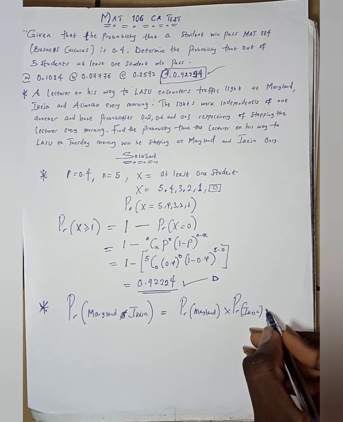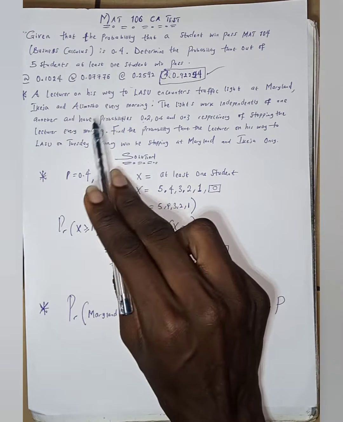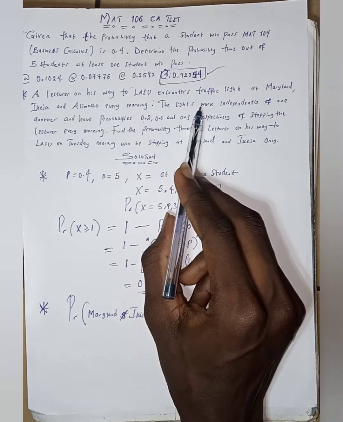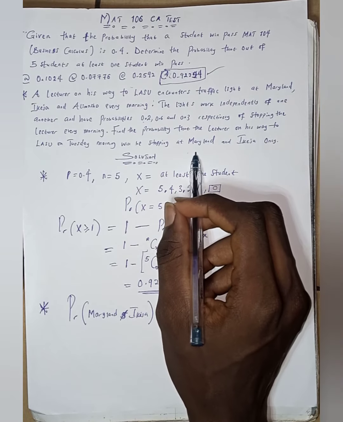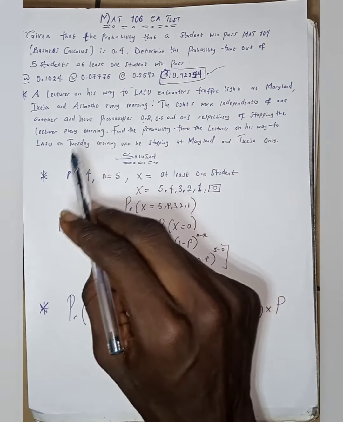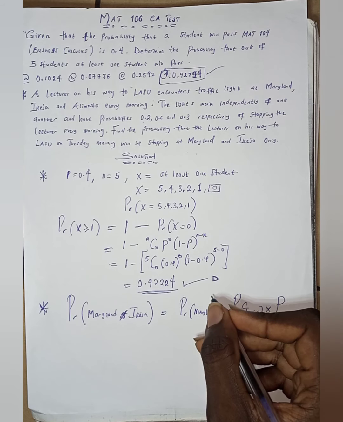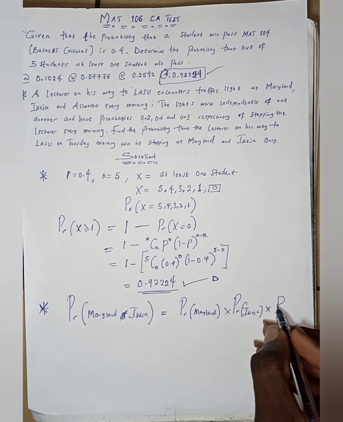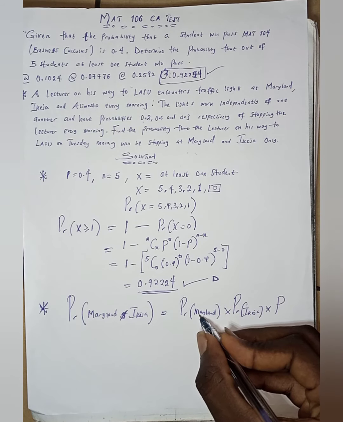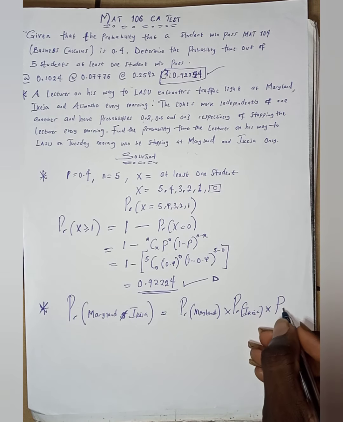But since it acts independently, I need one more, because the lecturer encounters these traffic lights at three different stops: Maryland, Ikeja, and Alimosho. So I have to complete it since they work independently of one another.